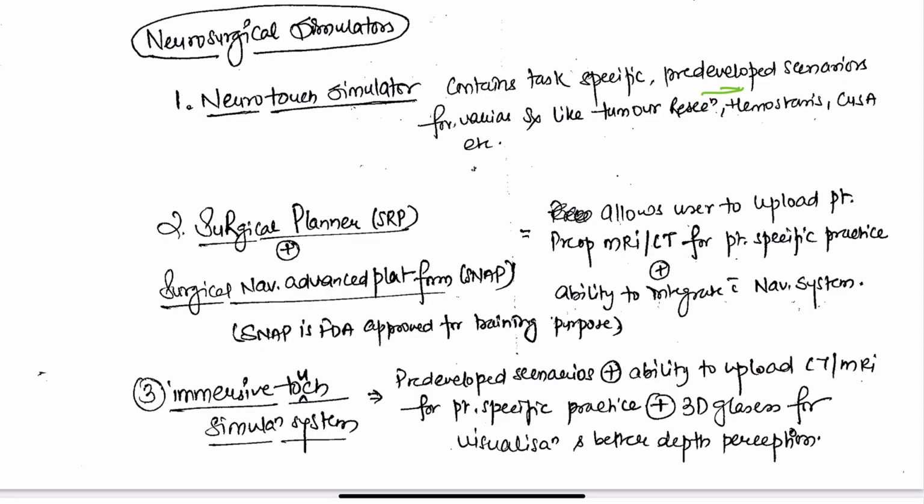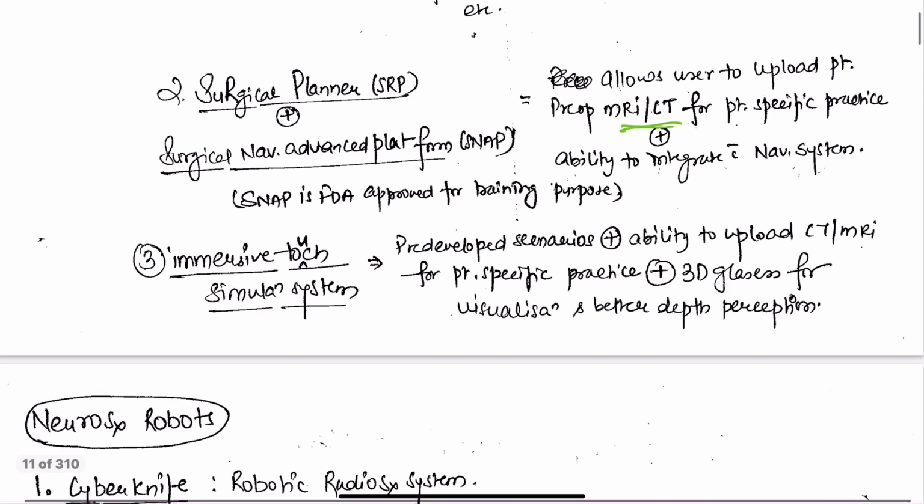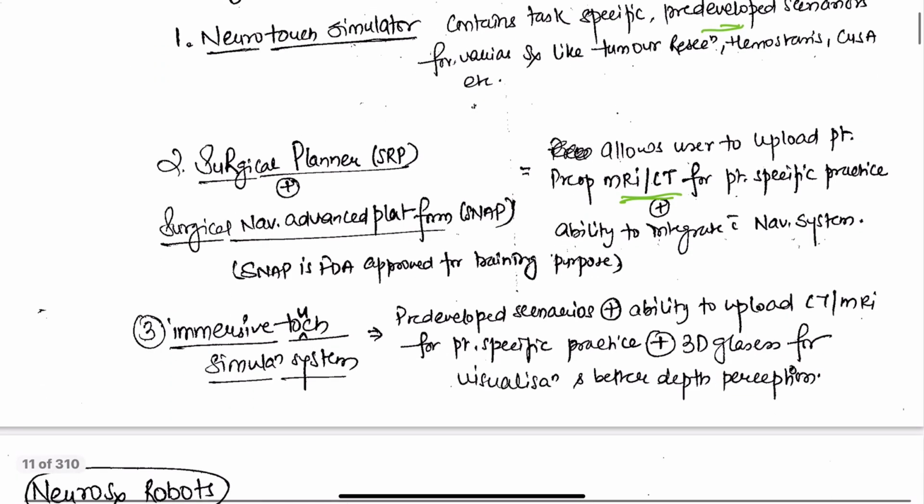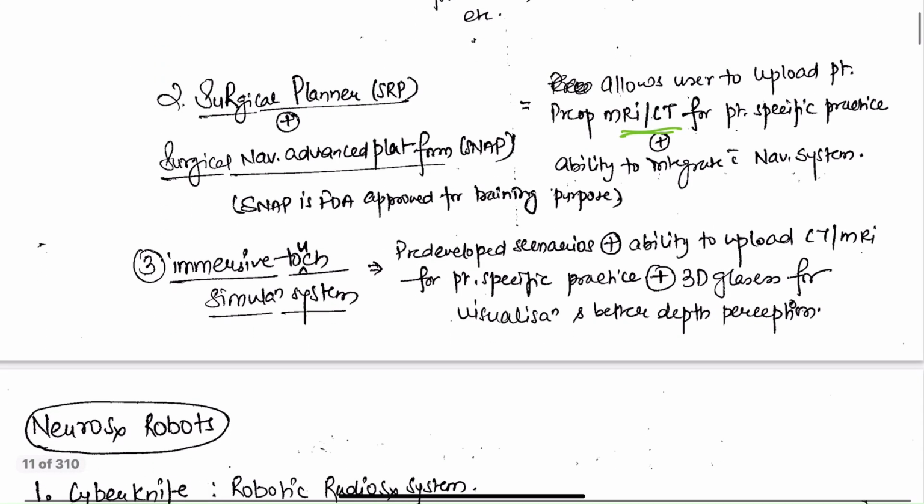SNAP integrates the pre-op MRI and CT for patient-specific practice. Here we upload a pre-op MRI and CT for patient-specific practice, and we can also integrate it with a navigation system.